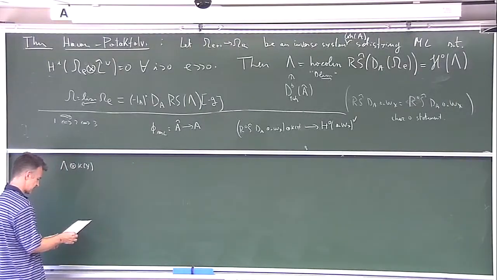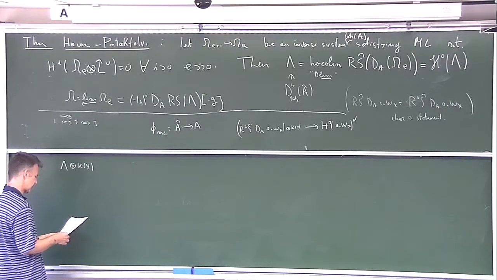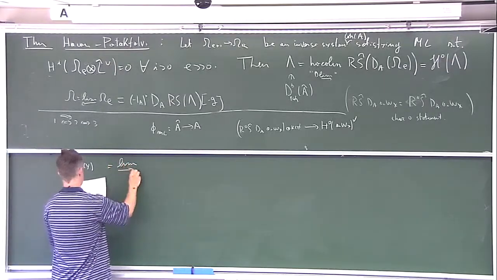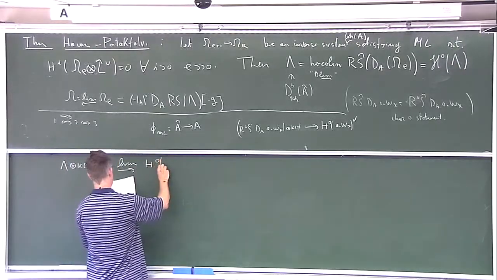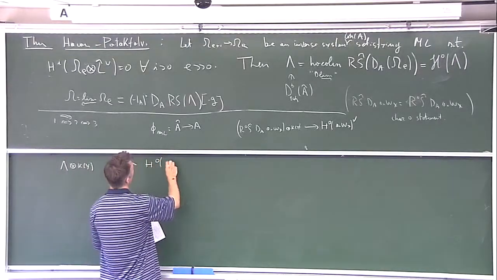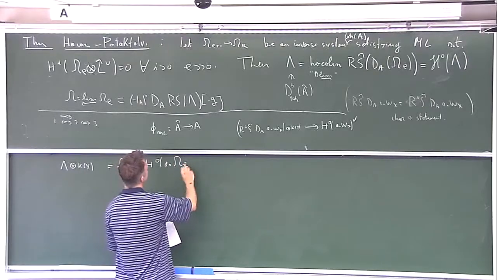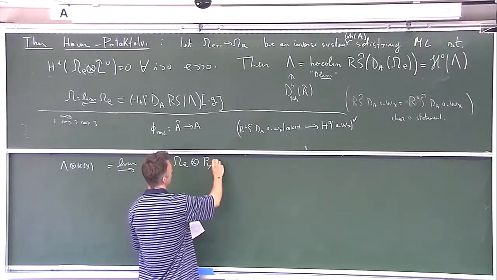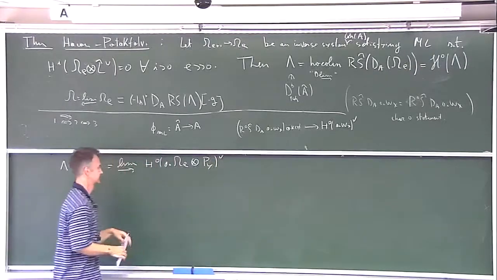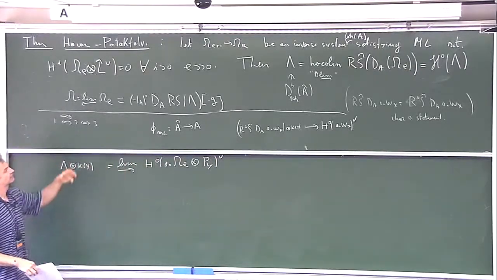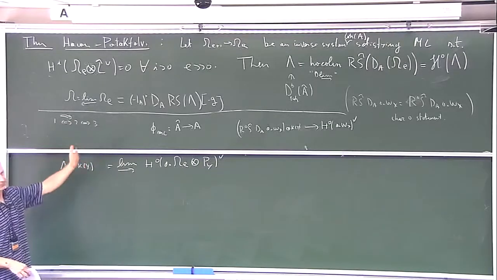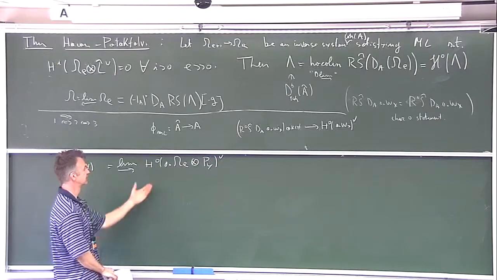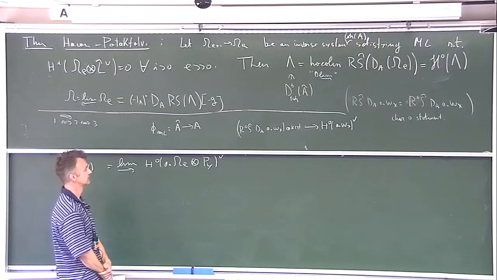So it should come as no surprise that this is given by the direct limit of H0 A low star omega E tensor Py dual. I'm iterating the same procedure many times, one for each E, and there are natural maps between these, so I get something like this.